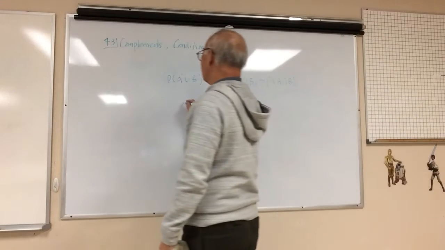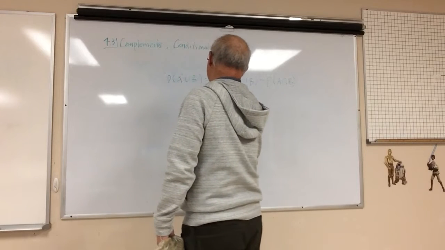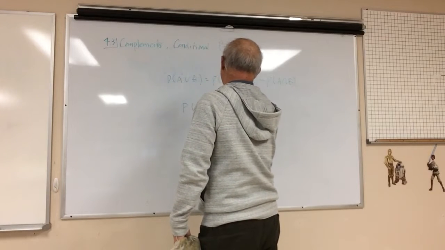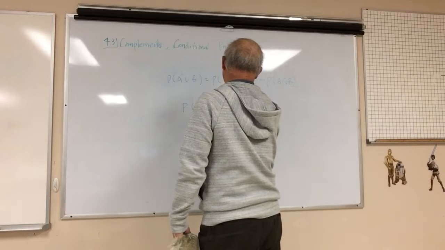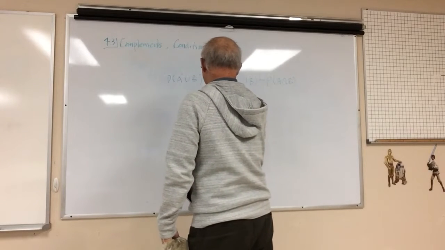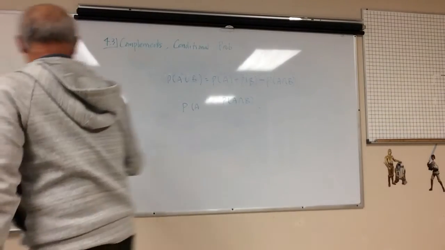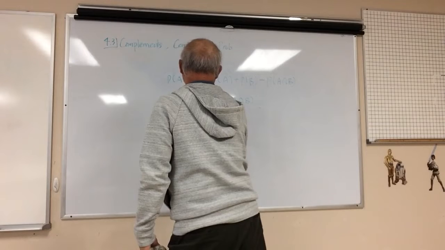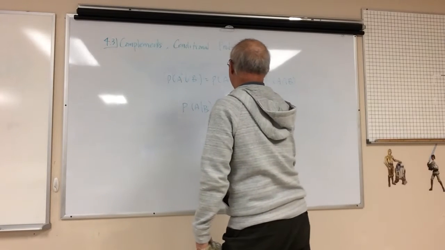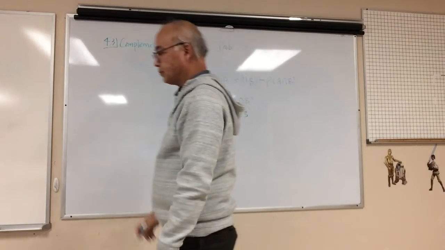And then the multiplication rule was that the probability of A and B is the probability of A times the probability of B given A. Okay?